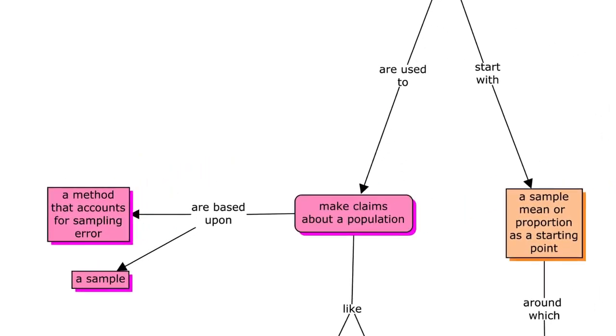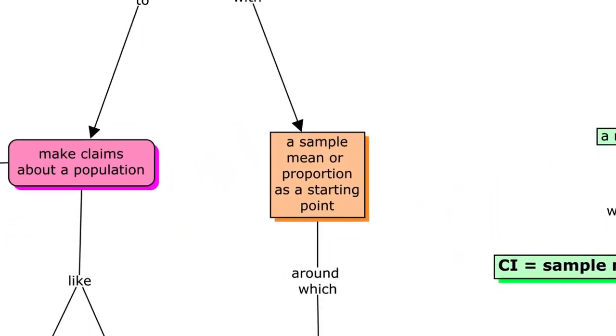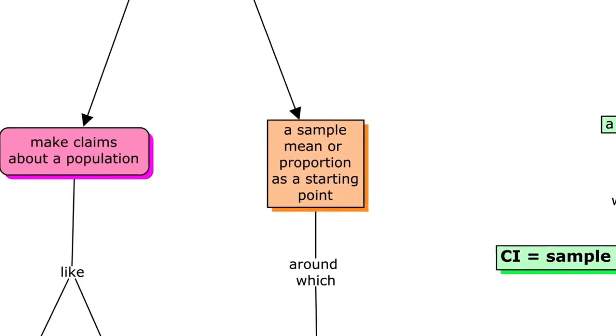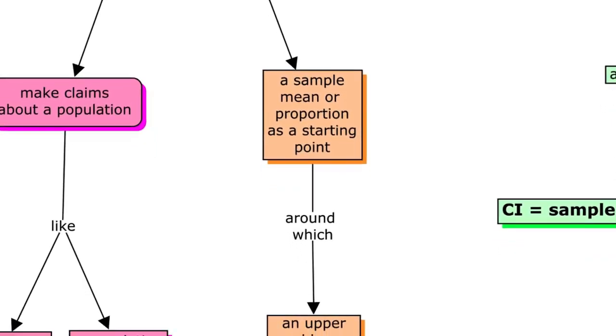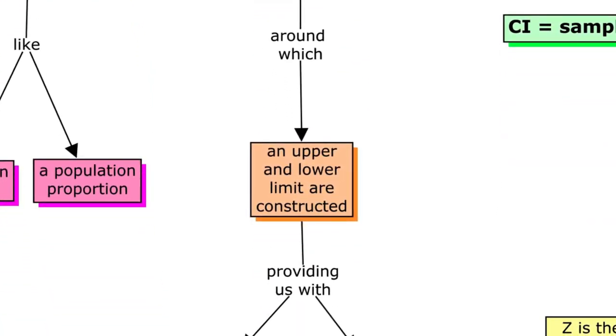For us to construct a confidence interval, we have to start with a sample mean or sample proportion or whatever characteristic we're interested in as a starting point for the construction of the interval itself. The interval entails constructing an upper and a lower limit around the particular characteristic of the sample that we're interested in.